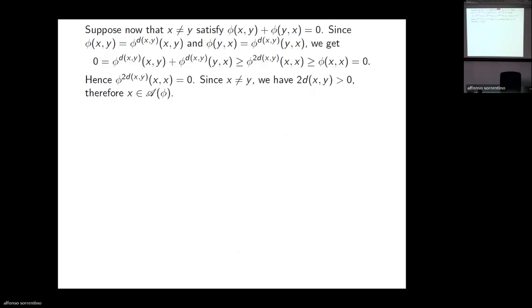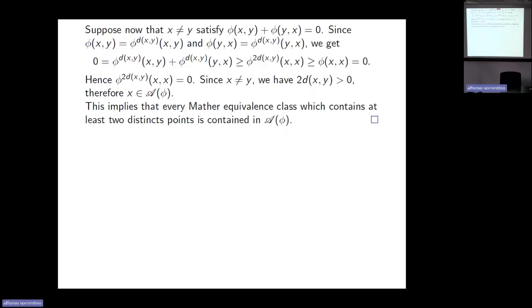So we get that 0 plus phi t of xy plus phi t of yx, which is larger than phi of x, but for 2t, this is larger than phi x, which is 0. So we get that this one is 0, but the distance from x to y is positive, so phi x is 0. And same thing for y.